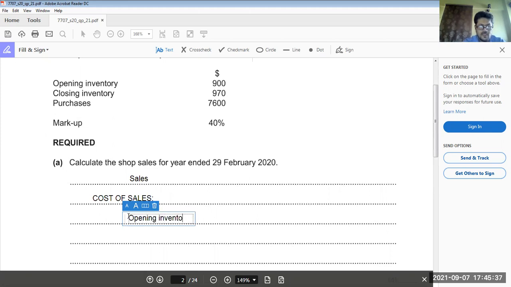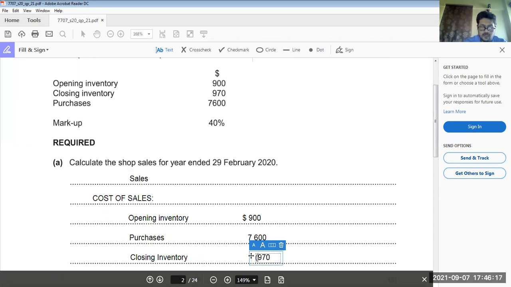Now, opening inventory is $900. Now purchases 7,600. Closing inventory 970.